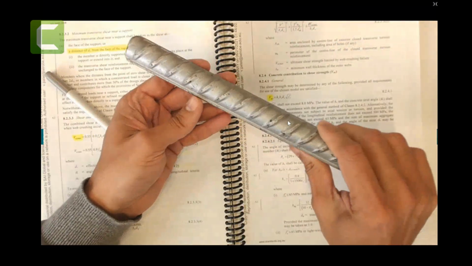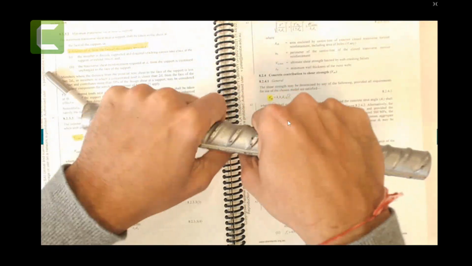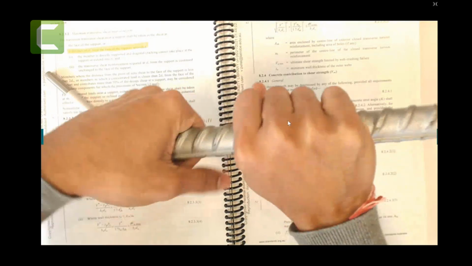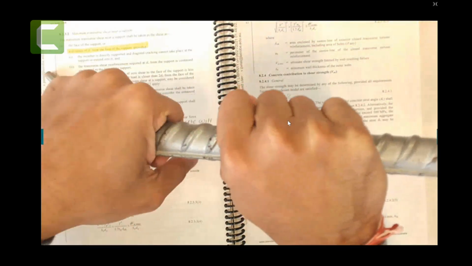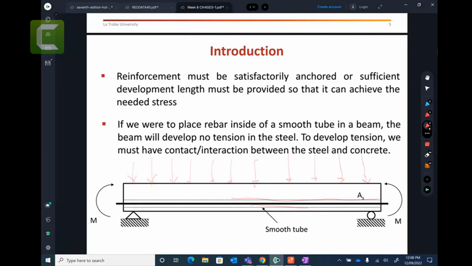We provide these ribs to have an adequate bond between the concrete and steel. It's friction. You can see I can hold it tight. If I have a simple smooth bar like this, it can slip easily. The concrete can't handle that, between the concrete and steel.